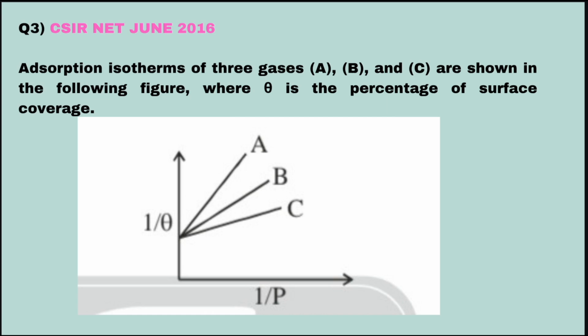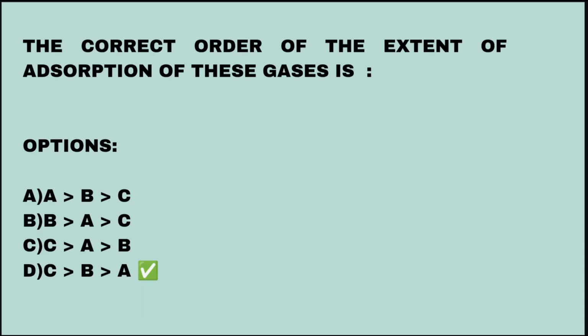This was asked in CSIR NET June 2016. The adsorption isotherms of three gases A, B and C are shown in the following figure, where theta is the percentage of surface coverage. Here a graph is given and three lines are given, A, B, C. The graph is 1 by theta versus 1 by P. Now let's see the solution.